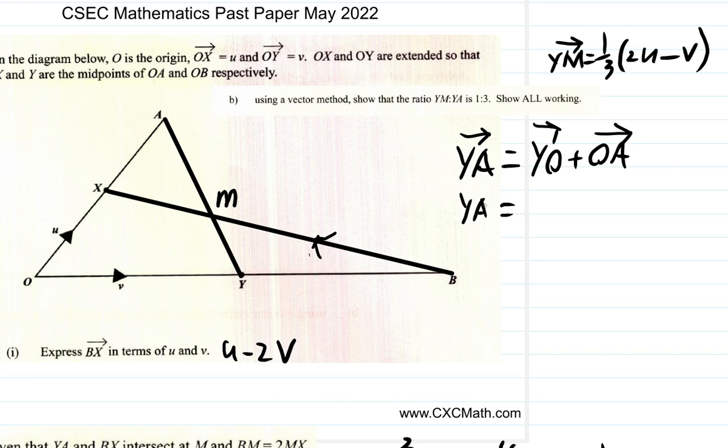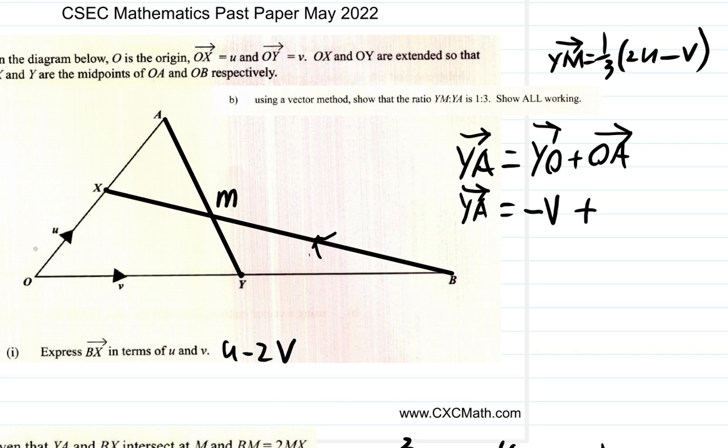So YA equals, what is YO? From Y to O, you're going from here to here. Same distance as OY, and OY was v. But the thing is, it's in the opposite direction. It's an inverse vector. So you say YO is going to be negative v, right?